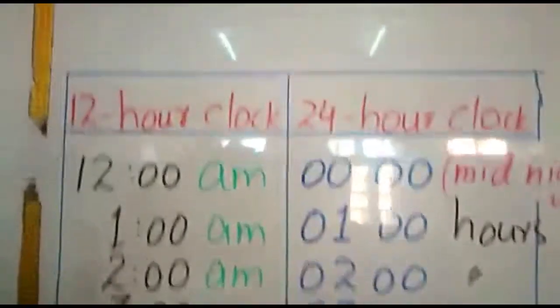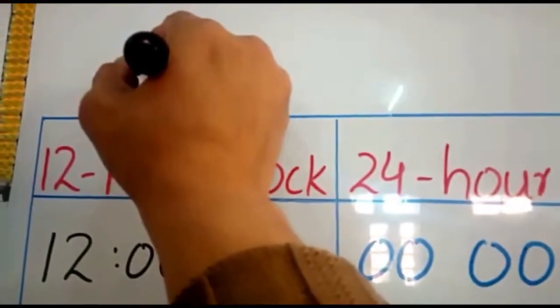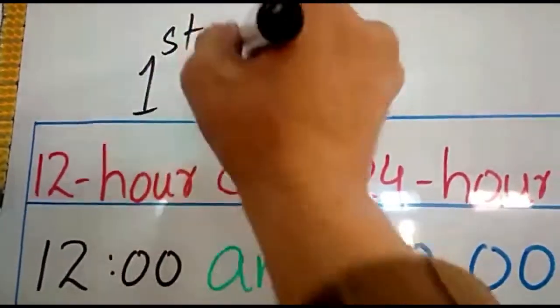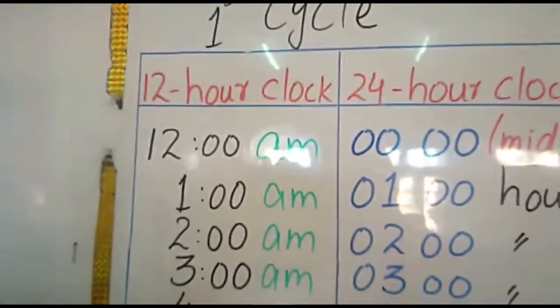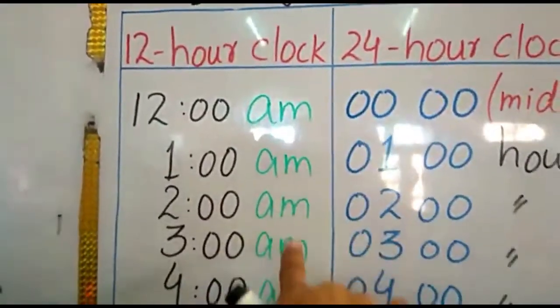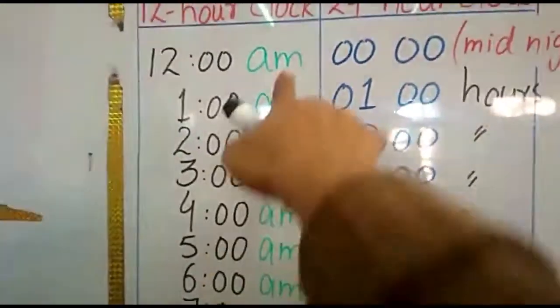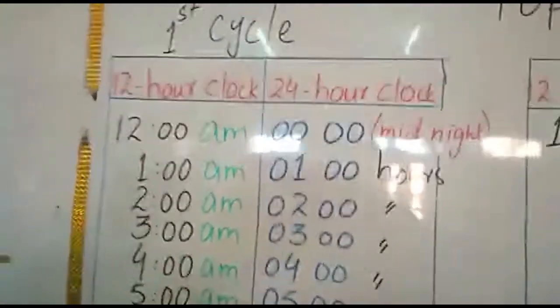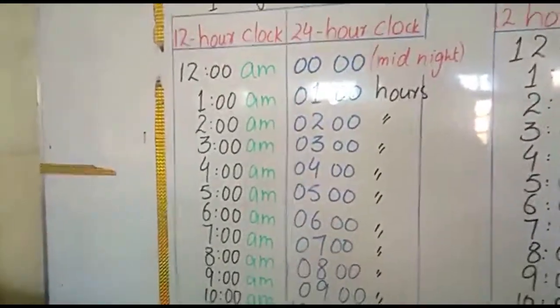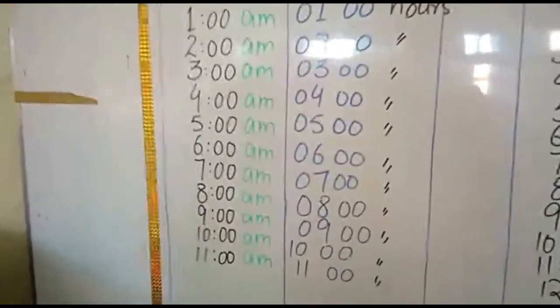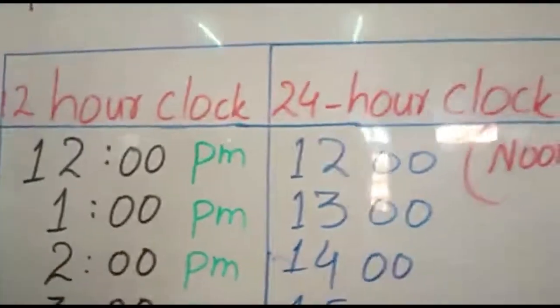That was cycle number 1. The first cycle in the 12-hour clock is all AMs. In the first cycle we take the time in AM, but after 11 AM the midday or noon starts.